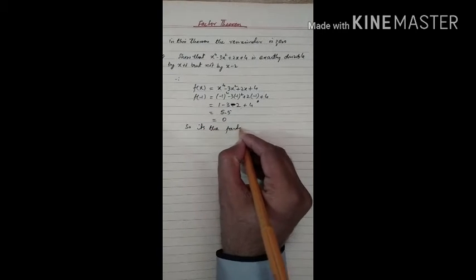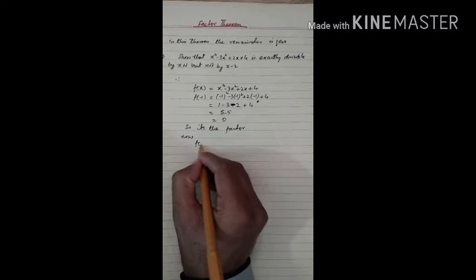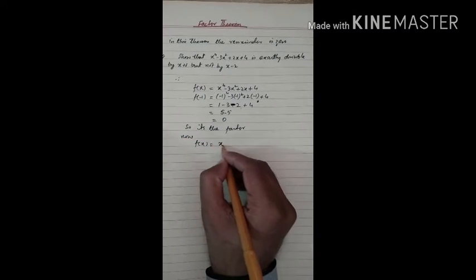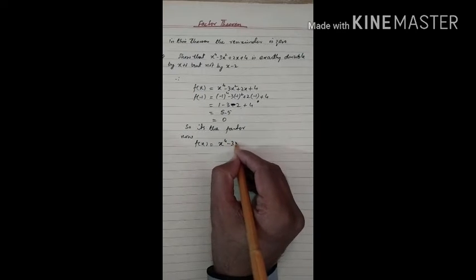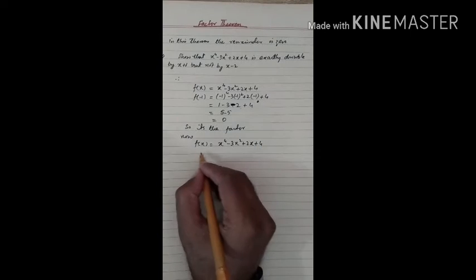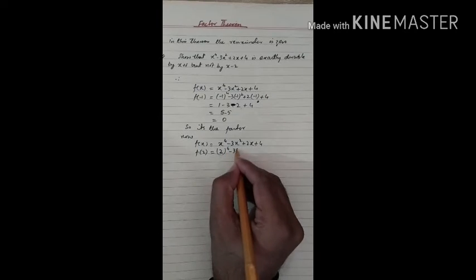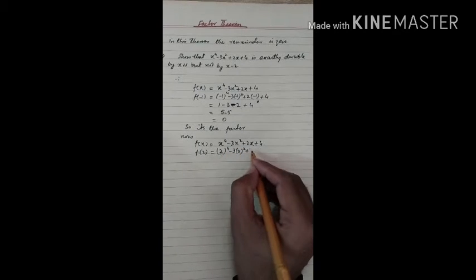Now we have to check x minus 2 in the function, whether it's a factor or not. If it is a factor, the answer will be equal to 0, otherwise not equal to 0. So x is equal to 2 here, so 2 power 4 minus 3 into 2 power 2 plus 2 into 2 plus 4.